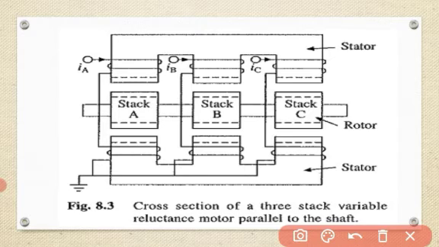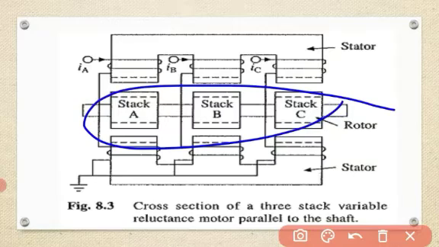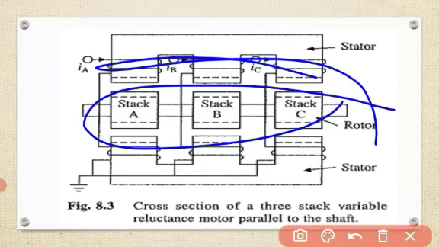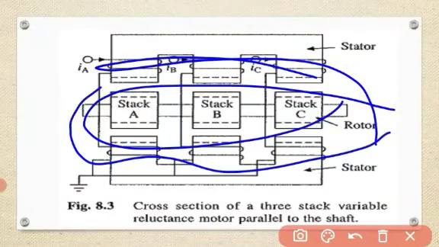In this, all the stator pole windings in a given stack are energized simultaneously. Since all the stator pole windings in a given stack are excited simultaneously, the stator winding of each stack forms one phase.